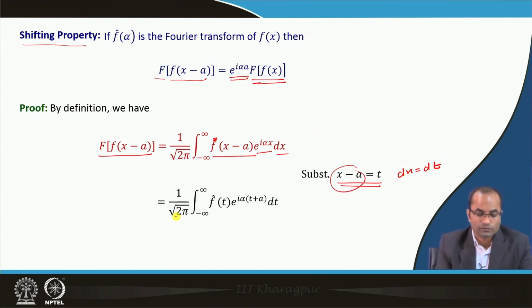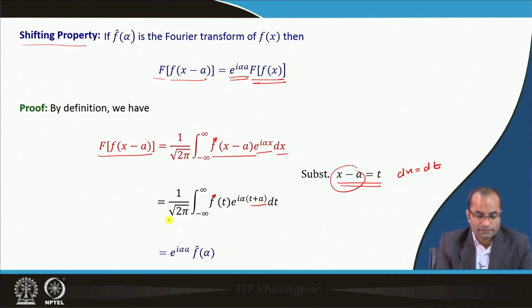So we are getting 1 over square root 2π, minus infinity to plus infinity, f(t) exponential e^(iα(t plus a)) dt, since x is t plus a.